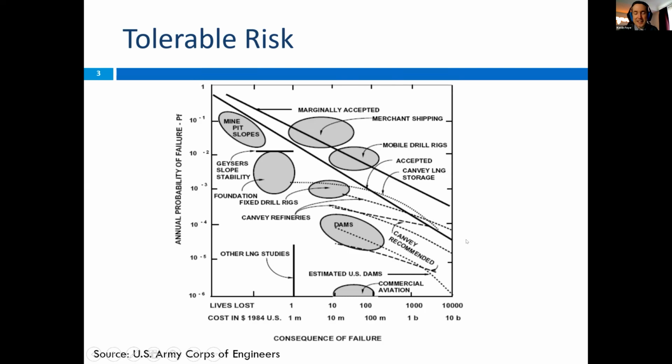And that is used in a lot of reliability-based design and code development as sort of the benchmark by which we decide if our design methodology is acceptable or not. But we get into a problem sometimes if it's difficult to figure out exactly what the consequence of failure is for a given failure mode, or if it's very difficult to quantify what the probability of failure is, then you don't know where you are on this chart.